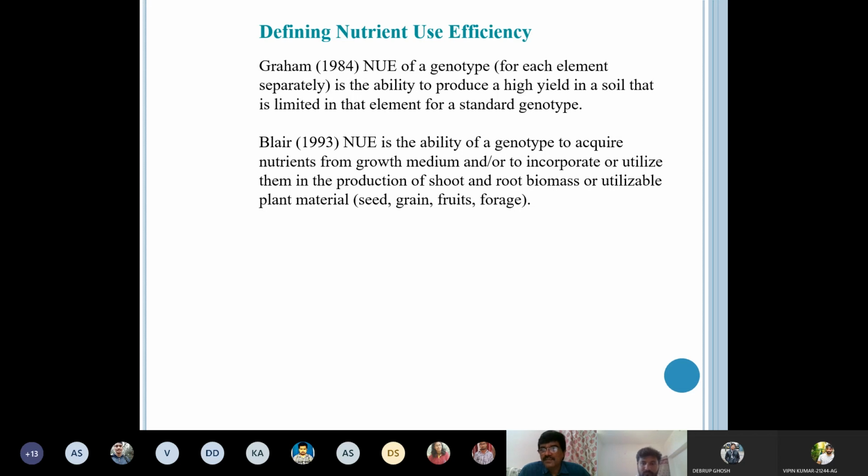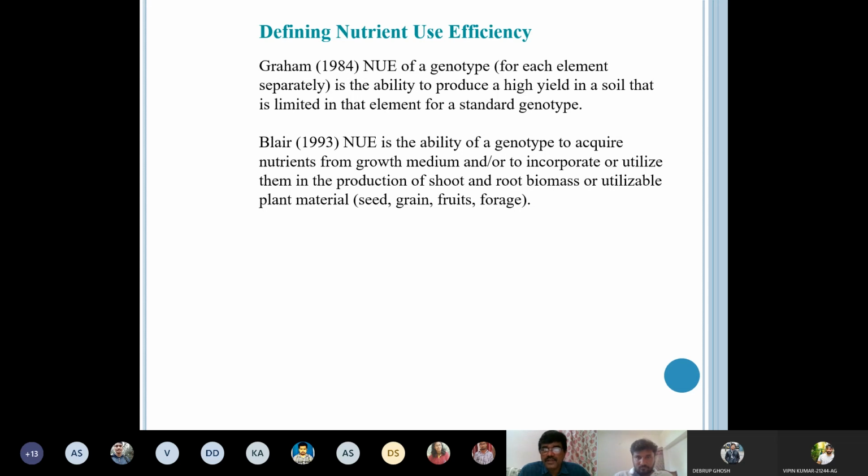Remember, underline it, high yield. We want more and more yield, more and more biomass in a soil that is limited in that element for a standard genotype. So particularly under limited nutrient condition, if a genotype can produce more biomass, more grain yield, then we can say it is having high nutrient use efficiency.